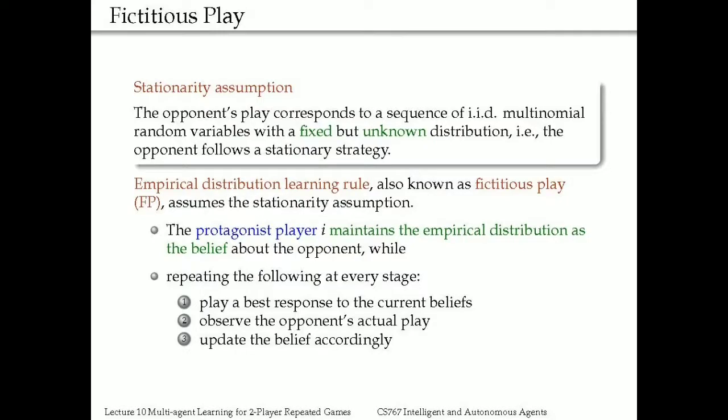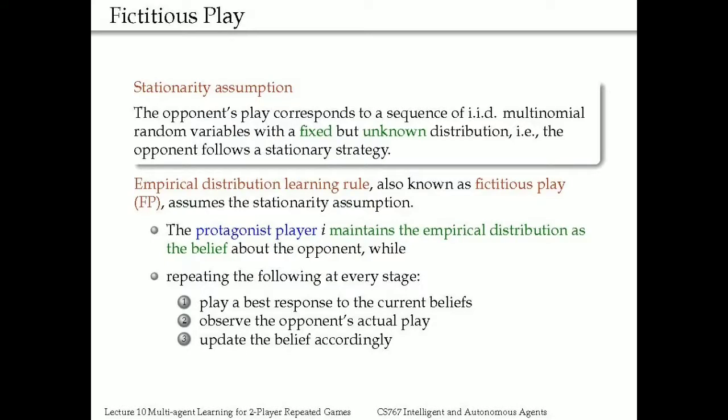And of course, our goal, if we make this assumption, if indeed the opponent is following this stationary strategy, will be to discover the unknown mixture of the actions in the stationary strategy.